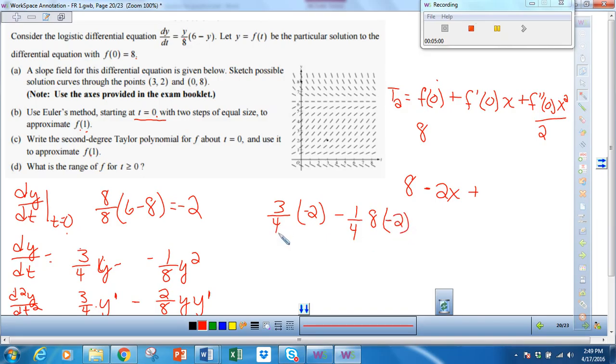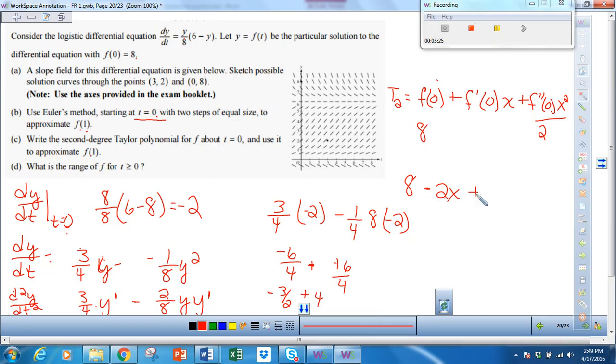So let's see what we got here. We have -6/4 minus negative, or plus, 16 over 4. So negative 6/4 is 3/2 plus 4, right?